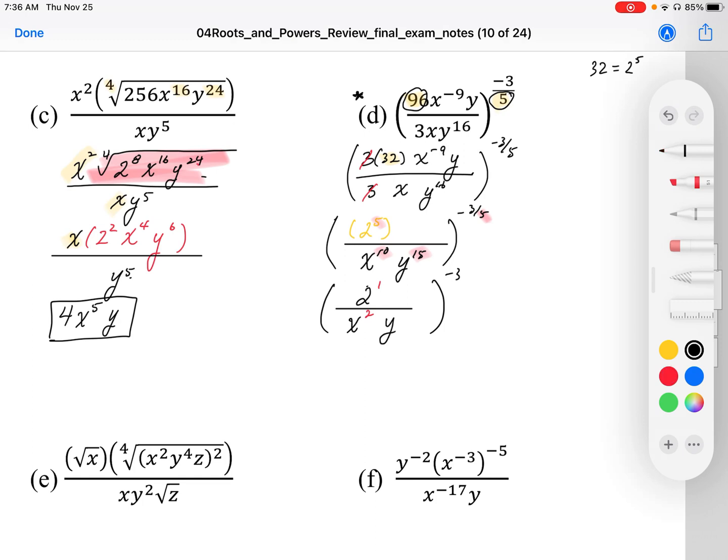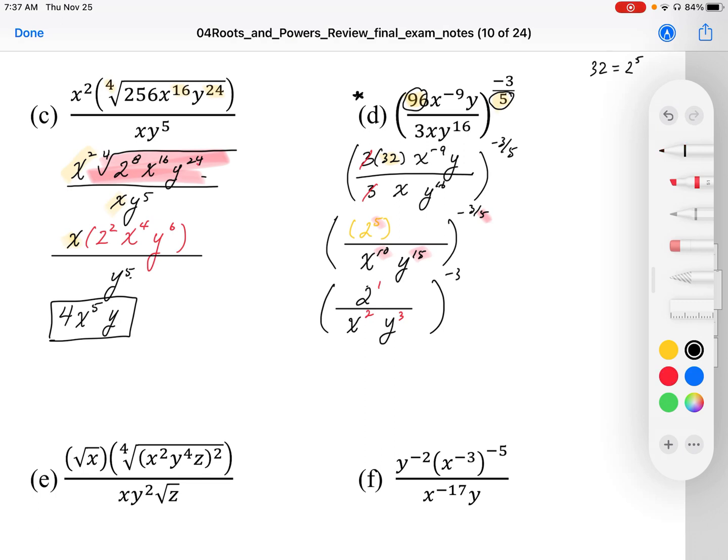And then I end up with y to the power 15, to the power of 1/5, or root 5, is going to be power 3. So that 3 to 1 ratio exists. That 10 to 5 ratio becomes a 2 to 1 ratio. So now I've got whole number exponents. I've applied the root. I now just have that negative power 3.